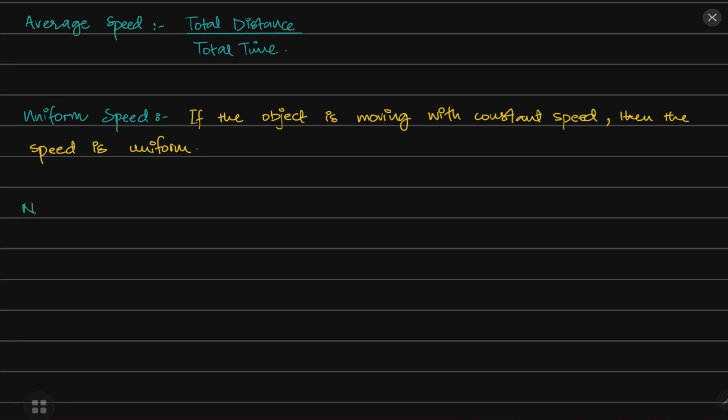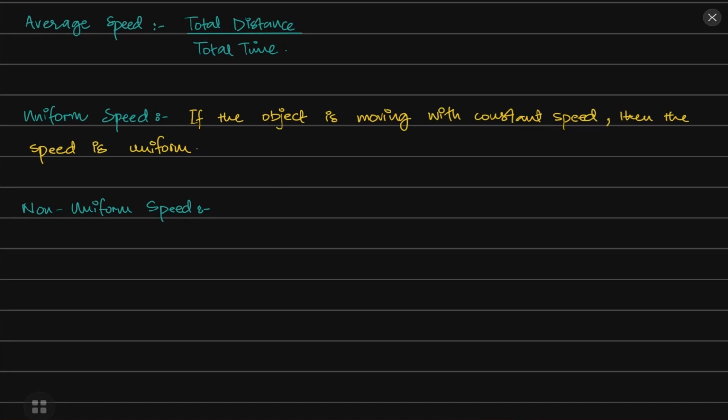What would be non-uniform speed? Any idea? When we have non-uniform speed, we basically mean that speed is changing. It changes with time. That means it is variable speed, in other words.